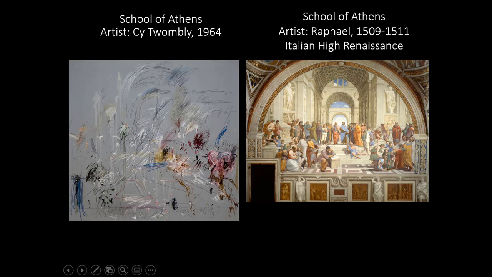So there's similar compositional structuring that's happening here, right? What Twombly's trying to do by appropriating Raphael's School of Athens is make connections across time regarding the expression of intellectual thought.